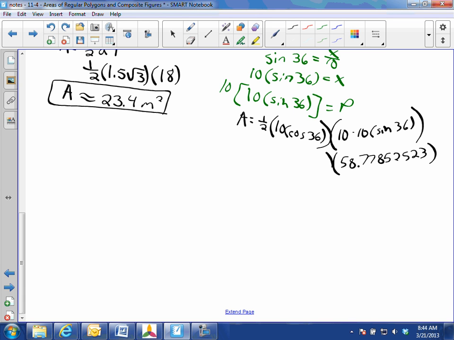It's just a lot easier to keep all these decimals on your calculator than having to type them in again, but we'll work it out. What do you come up with? 237.95. I got 237.8. Because we're going to round it to the nearest. Are we in meters or feet or what are we in? Inches.